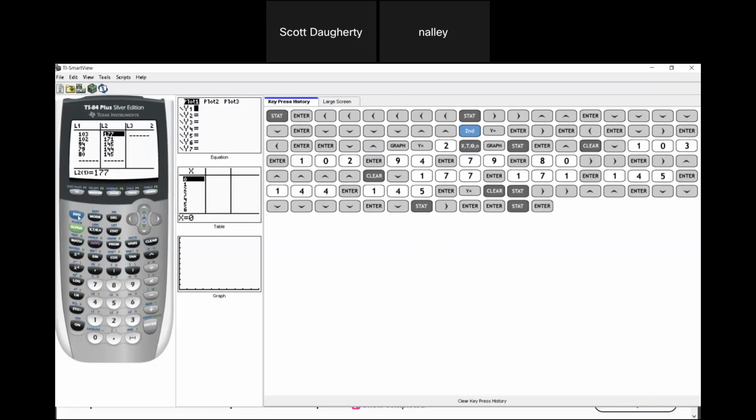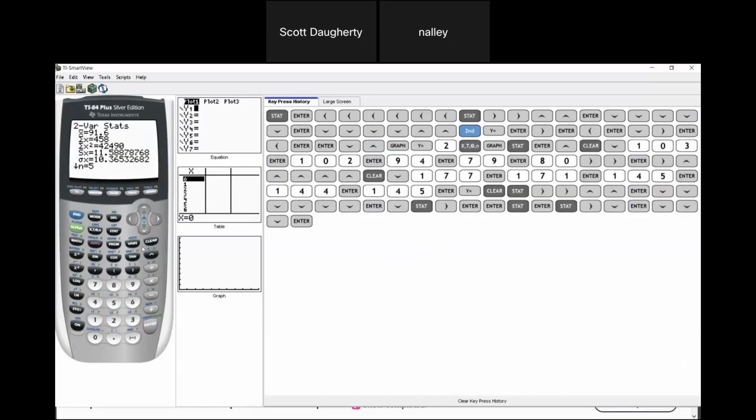Let me just see something. We can actually go to two variable statistics, right? That's what that's for. Now we have two variables, right? So if you go to two variable statistics, x bar is the average in L1, and this is all the data for L1. Oh, I'm sorry, I didn't press two variable.